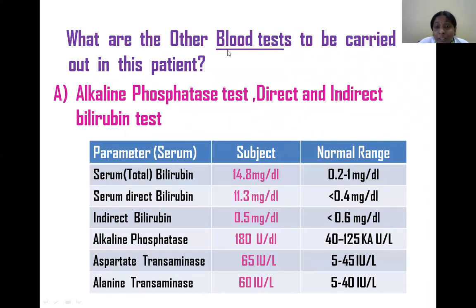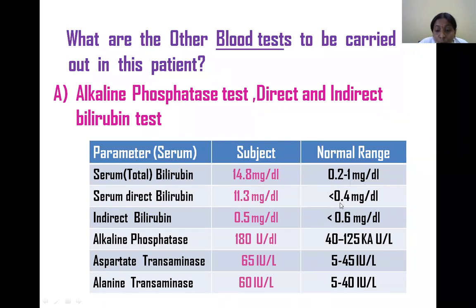What other blood tests are to be carried out in this patient? Alkaline phosphatase test, and direct and indirect bilirubin tests. The parameters we measure in serum: total bilirubin, normal range 0.2 to 1 milligram per deciliter.